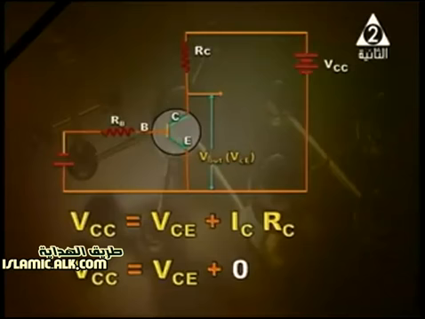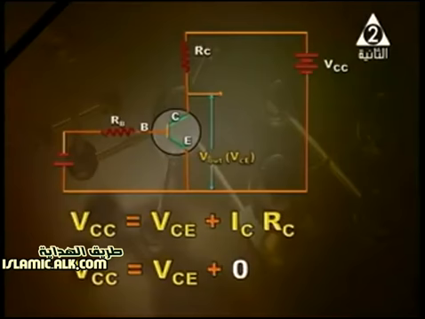The question is why, once again. Base current in this case is 0. When the base is connected to a negative potential, no current passes through it, and of course, no current passes through the collector. So ICRC equals 0. IC equals 0, so the product will be 0.